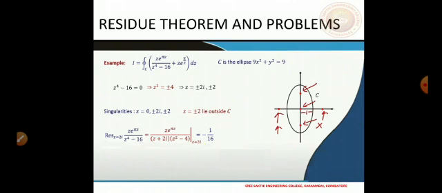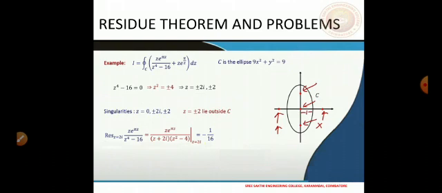So first, for the first function, z e power pi z over z square minus 16, if we compute the residue at z equal to 2i, we have z plus 2i times z square minus 4.